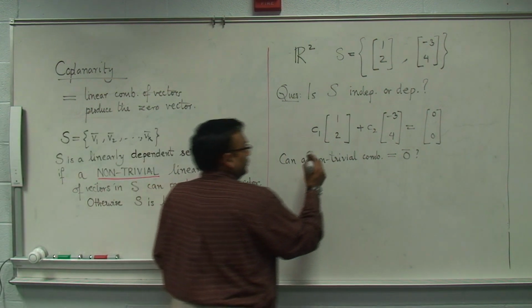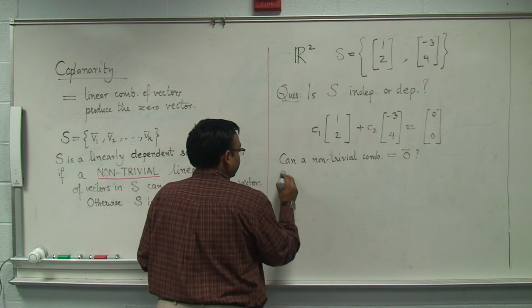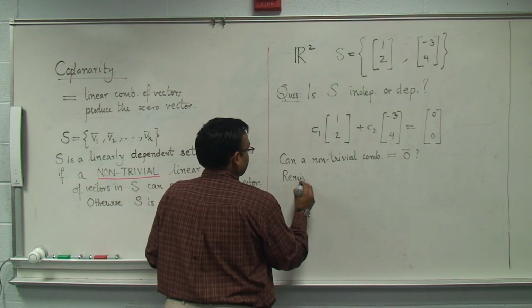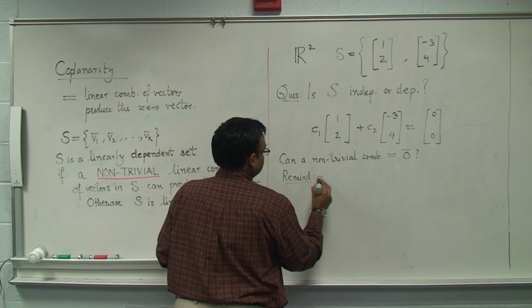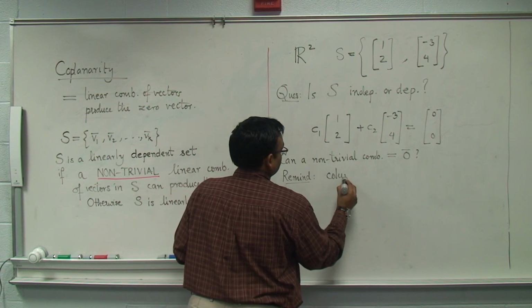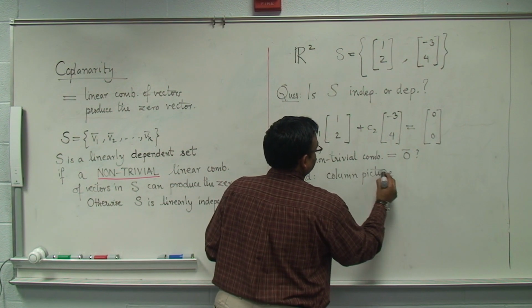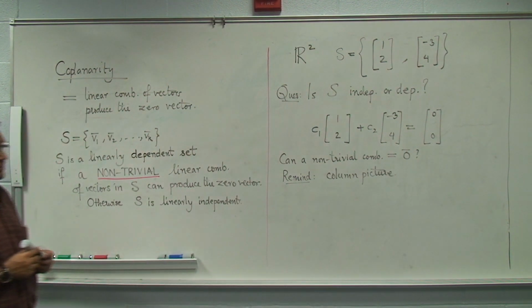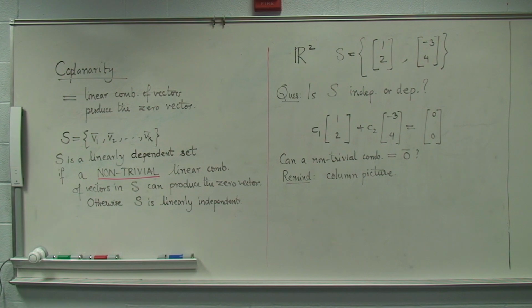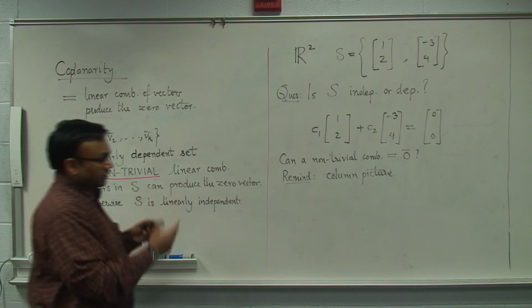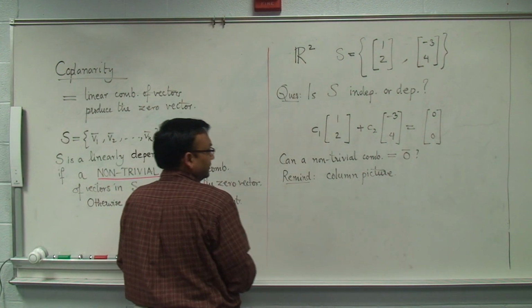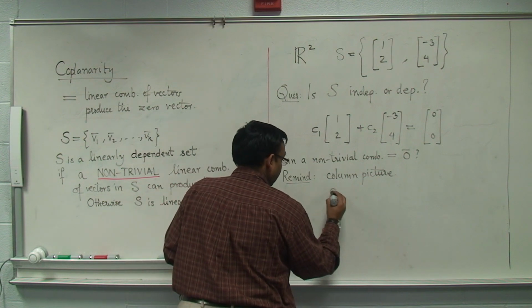So if you look at this, it should remind you of what we called the column picture of a system of equations. This is basically a column picture. I have columns, I want to combine them in a way to produce the zero solution.